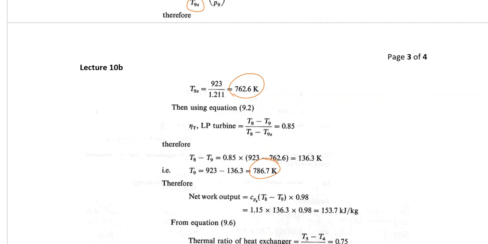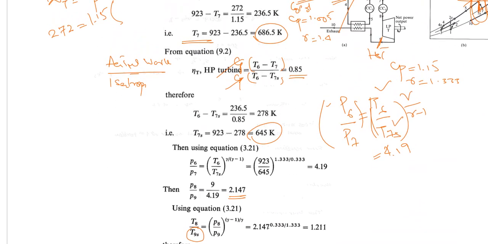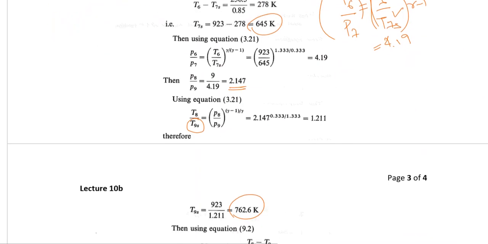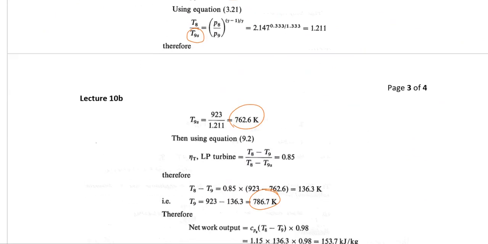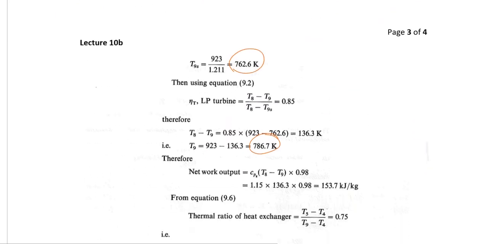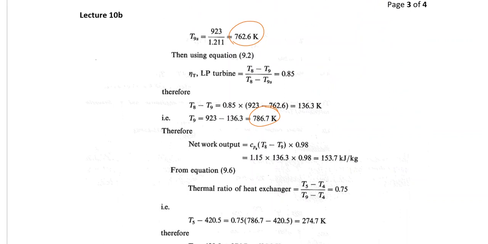Once I've got the expansion, I've already used it for finding the temperature. So once I've got both temperatures, T8 and T9, T8 was given as it is reheated to 650.